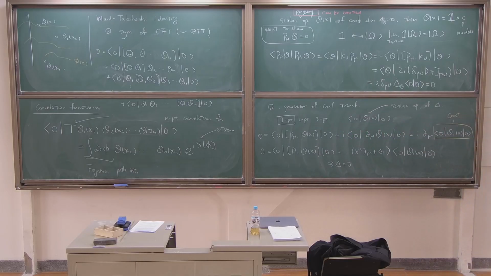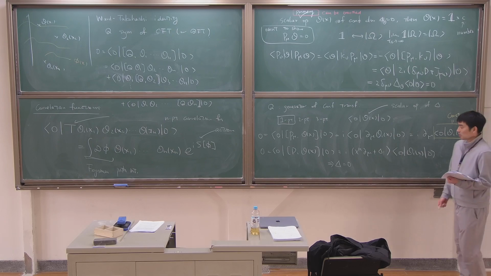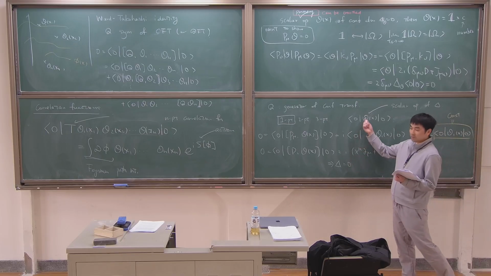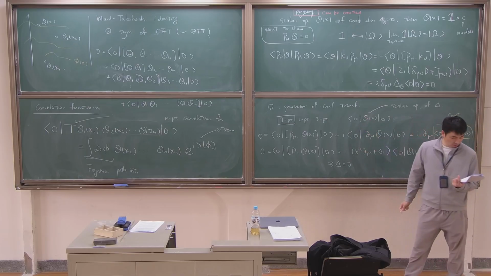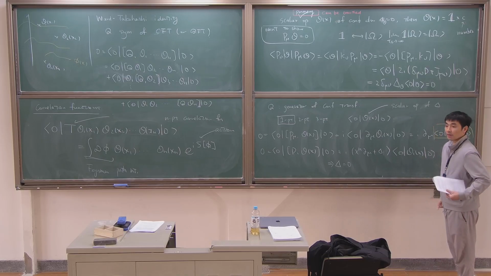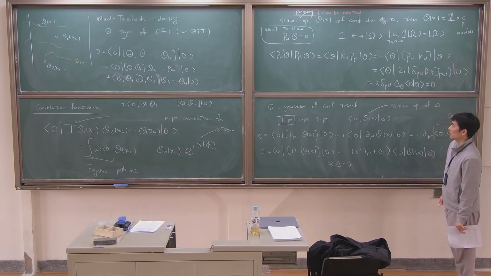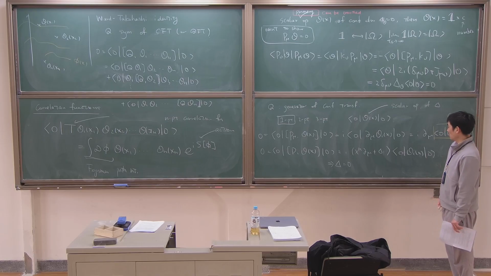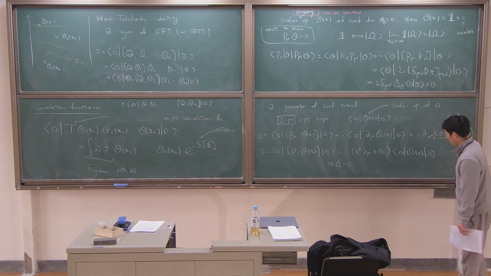And delta equal to 0 is only possible for the identity operator.